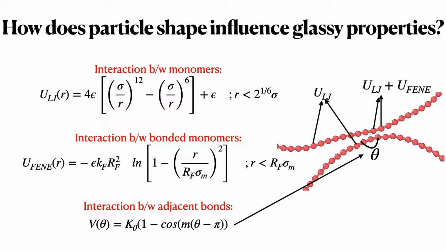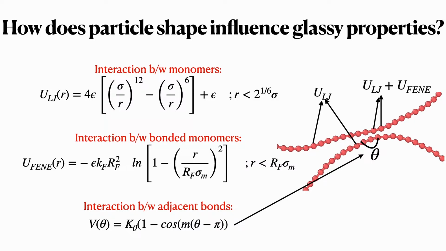So to understand how shape changes influence the glassy properties, we use this ring polymer model, where the interaction between the monomers is modeled via the WCA potential, which takes care of the excluded volume interaction.